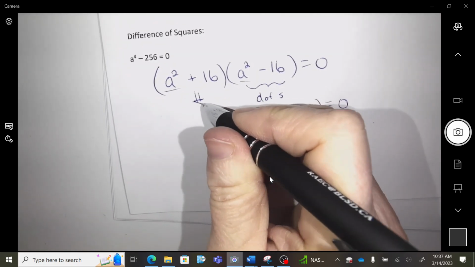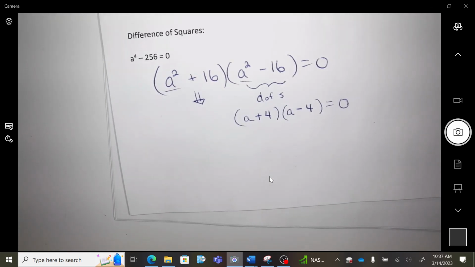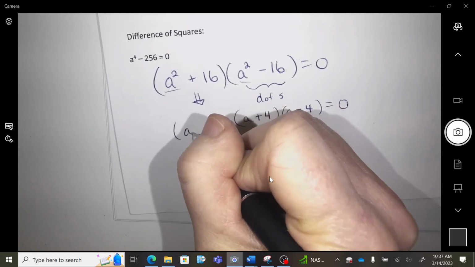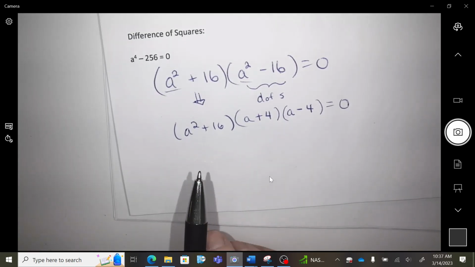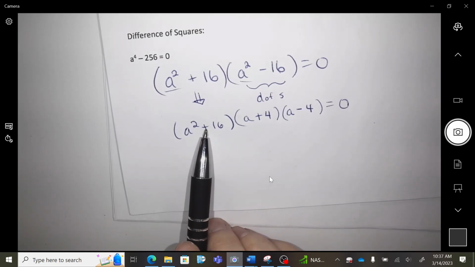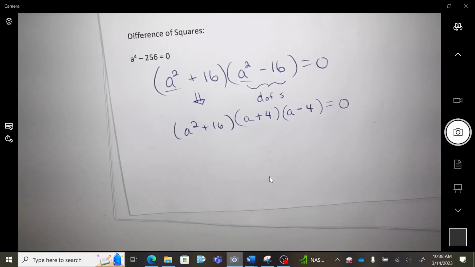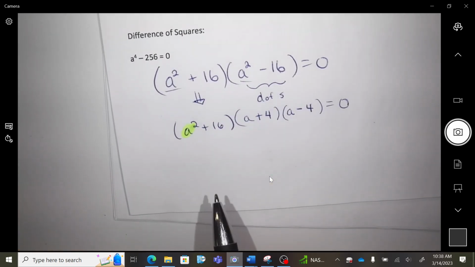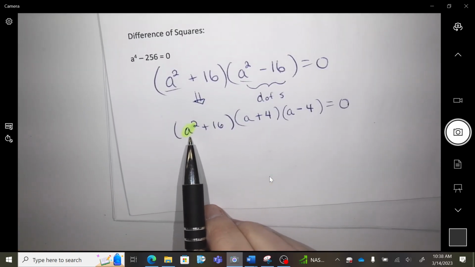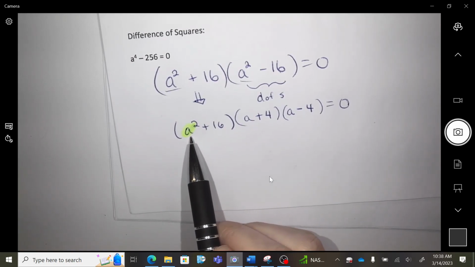What do I do with this? I need to just rewrite it. That's not factorable. Why is it not factorable? It's a plus. If I want to think about it, to make this bracket be 0, this position would have to be -16.